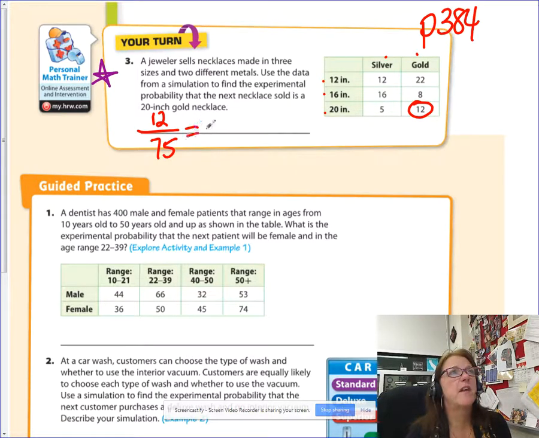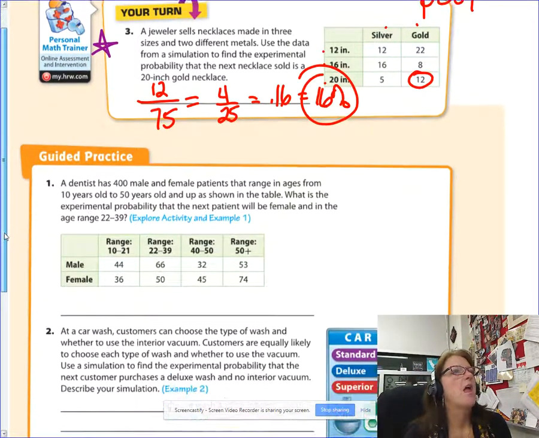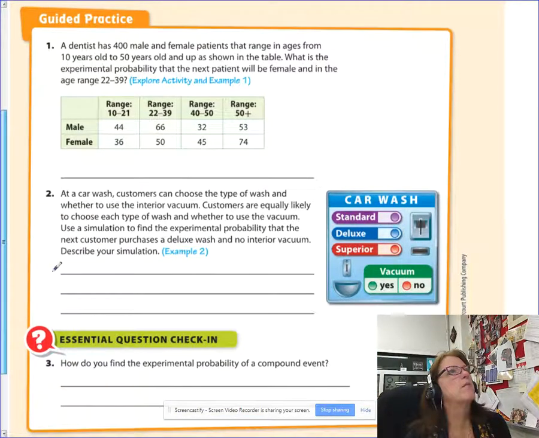When you simplify this, you should end up with the fraction 4/25. If you turn that into a decimal, I believe that should give you 16/100ths, and as a percent, it's 16%. Okay, that's still pretty low. All right, 16%, but it's out there.